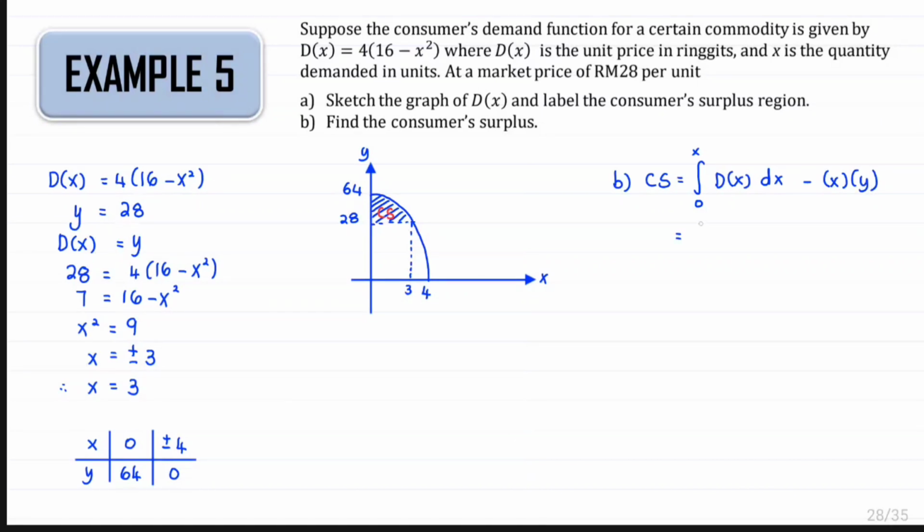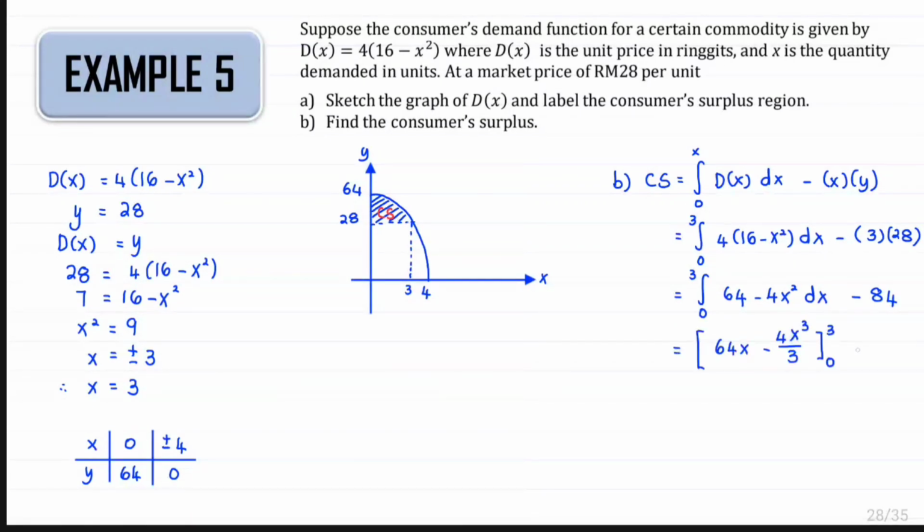So we have x is 3, the demand function is 4 times (16 minus x squared) dx, then we minus the point x equals 3 and y equals 28. We simplify, we get the integral of (64 minus 4x squared) dx minus 84.